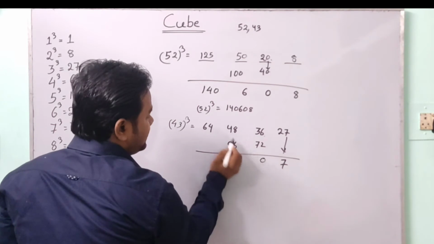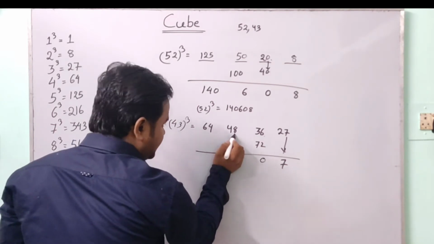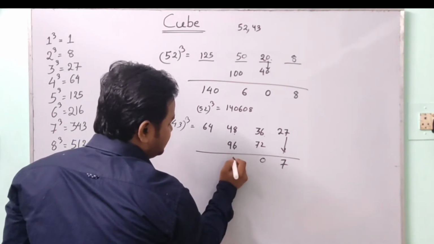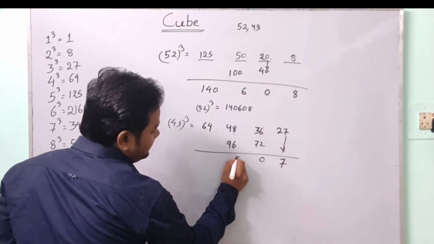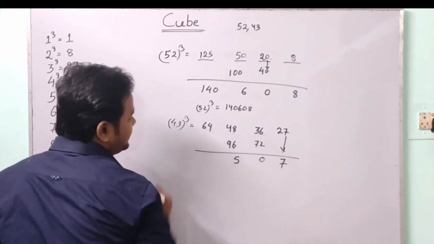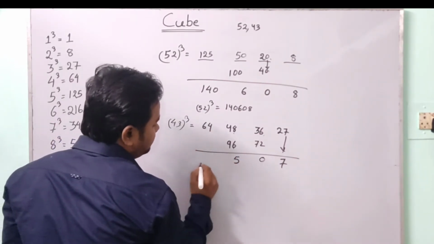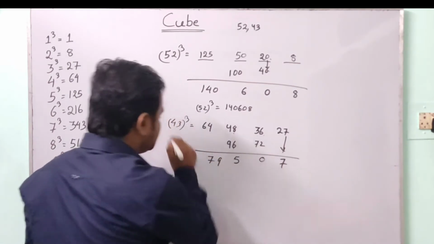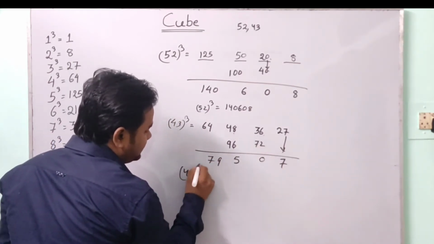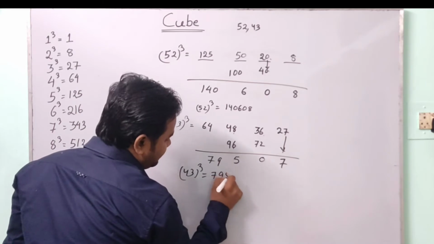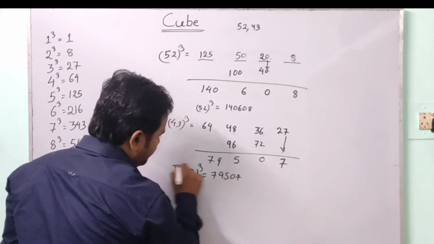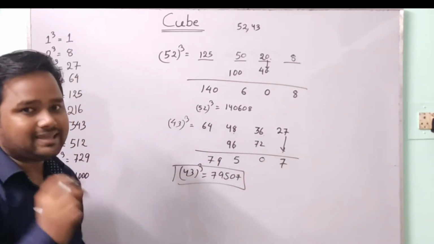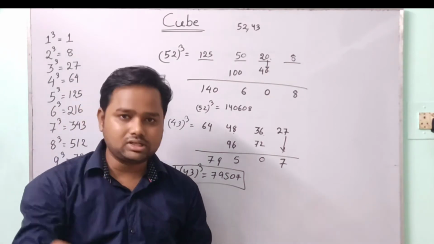And 11 plus 48 plus 96, the answer is 155. So 5 will be written here and 15 is carried. 15 plus 64 is equal to 79. So the cube of 43 is equal to 79507.